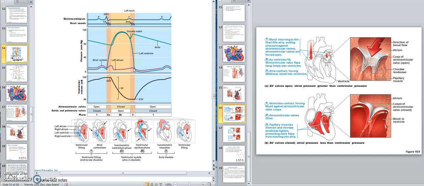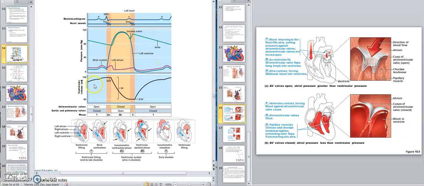Now, so that shows the simultaneous. Now let's prove this. Let's look here at the ventricular volumes. Now let's pay attention as we look at the ventricular volumes. Let's look at this ventricular graph right here, the ventricular curve. Okay.